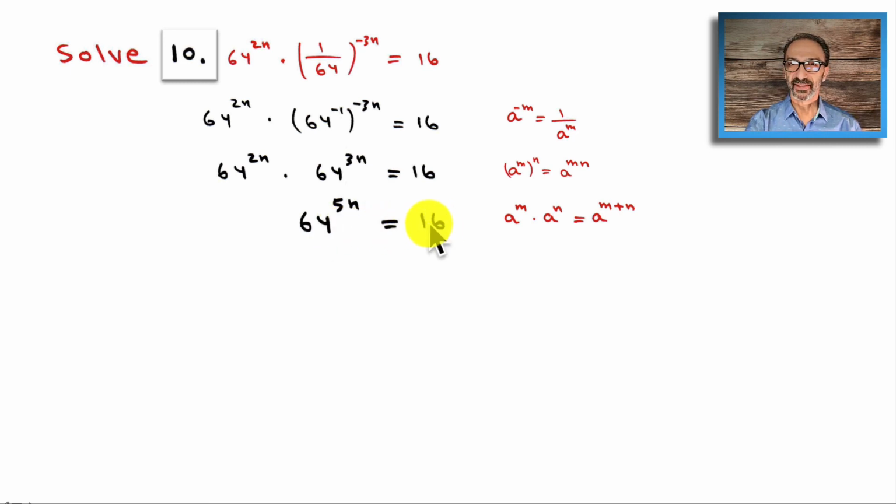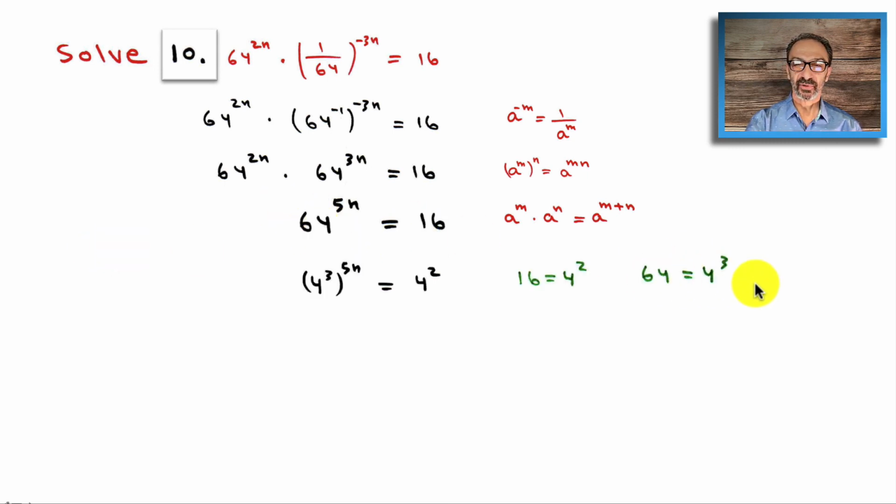Should I go all the way down to 2, or 4 will do, or 16? 4 will do, because 64 is 4 times 4 times 4, 4 to the third. And 16 is 4 to the second. So now we have the same base, but we still need to simplify here and multiply these two exponents. 3 times 5n is 15n.